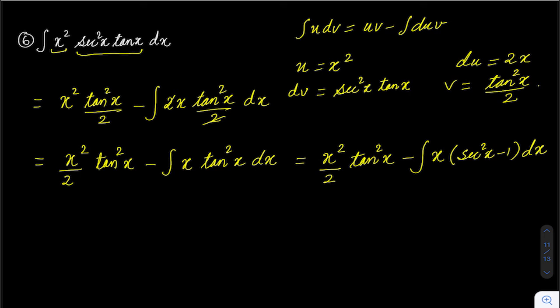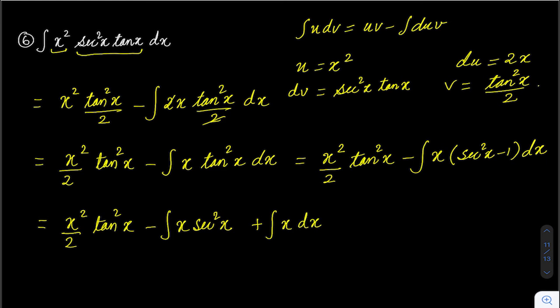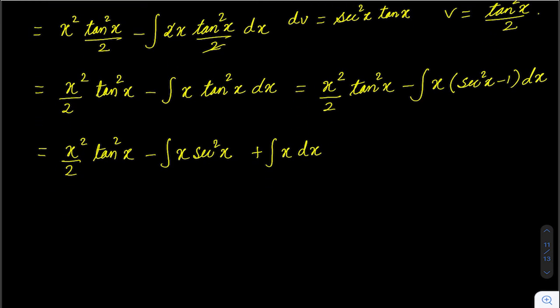Okay, so let's do this. So what I am finally getting is x square over 2 tan square x minus integration x secant square x, and this minus will become plus. So I can write plus my third integration, which is x dx, which I can easily find.